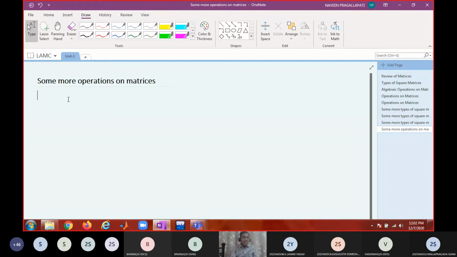So these are some more operations on square matrices, because determinant, adjoint, all these things are applied only on square matrices, no? So we'll see what is determinant. Determinant is actually a recursive definition.